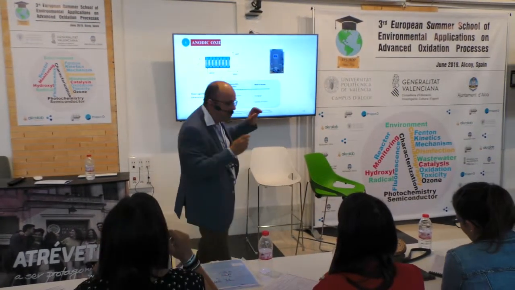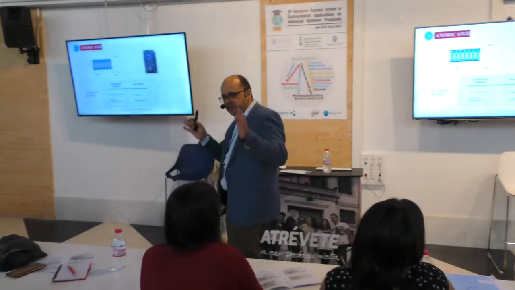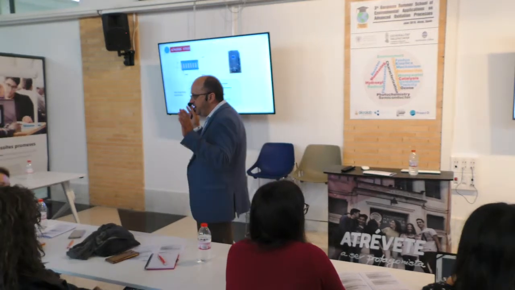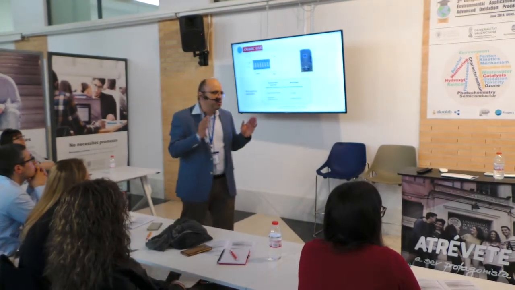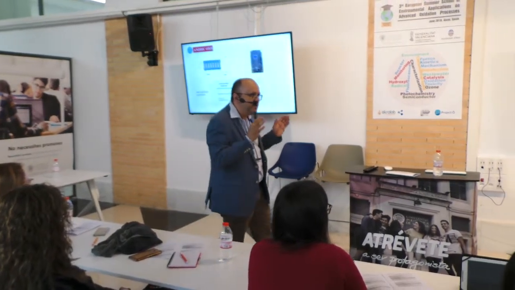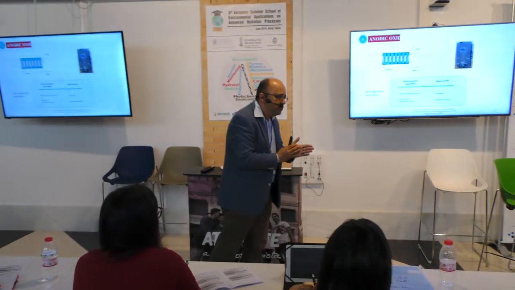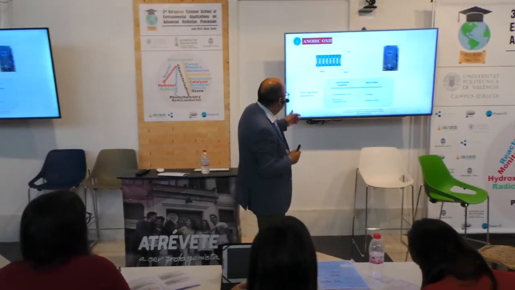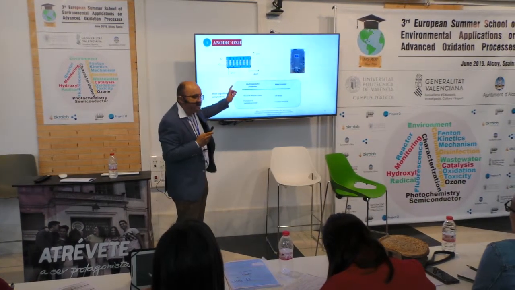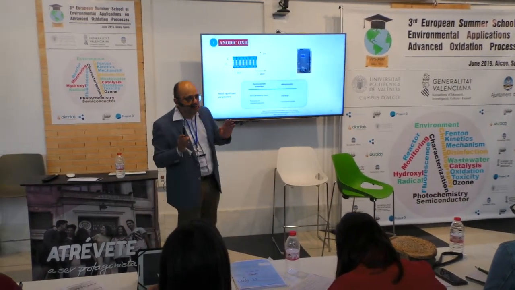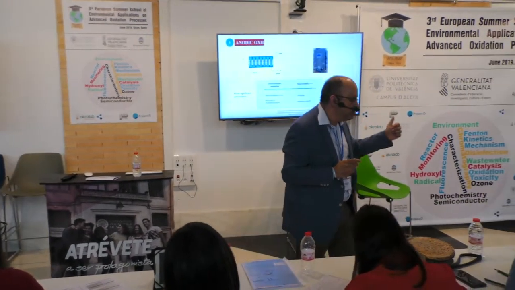And the following point, I'm going to focus on one application that is related with this AOP school, the electrolysis, the anodic oxidation. What does this mean? Trying to oxidize wastewater directly on the surface of an anode. Okay, and this is a complex process that depends on many factors, mainly on two. First, the electrode that I'm going to use.